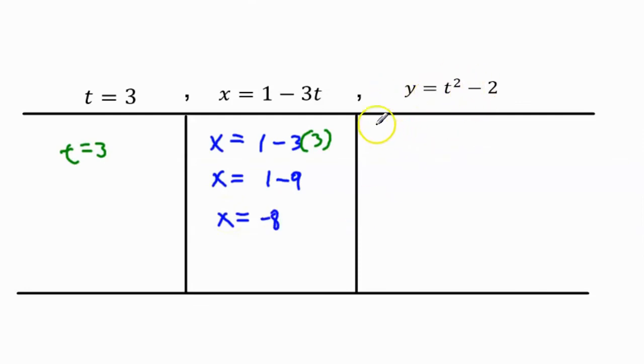So let's find the next coordinate. We're going to substitute our t here with 3. So we'll have y equals, instead of t squared, it's going to be 3 squared minus 2.